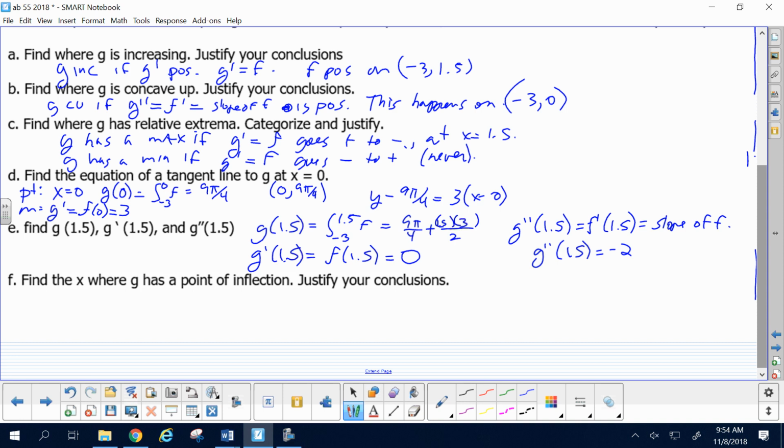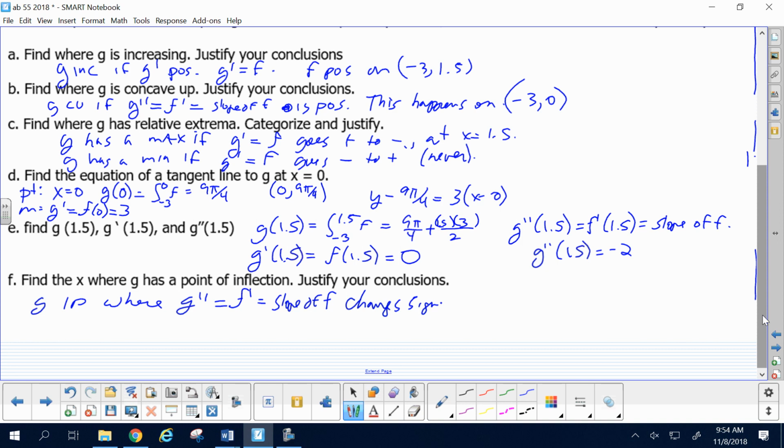As in all steps, you make the big idea of calculus connection, then connect it to F. So G has an inflection point where G double prime, which equals F prime, which equals the slope of F, changes sign.